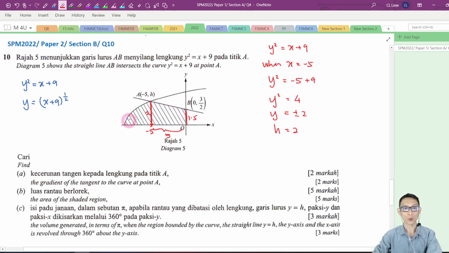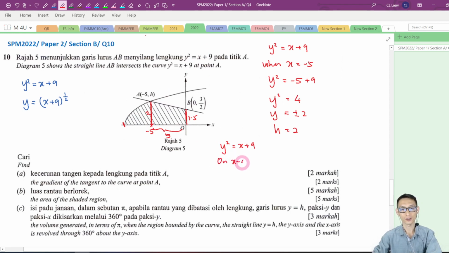And second, when we want to find the area of this shaded region, we need the coordinate here, the x coordinate here. So how to get the x coordinate here? Same thing, y squared is equal to x plus 9. We are going to use this function to help us get the x coordinate.